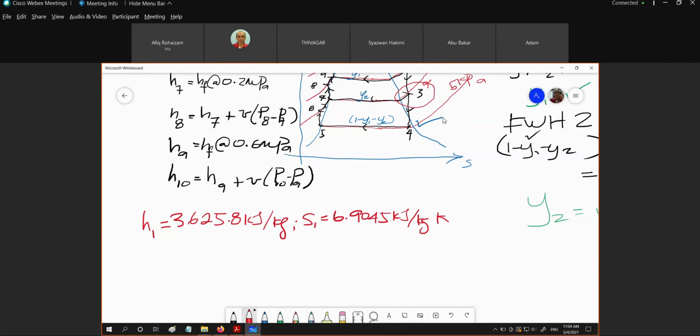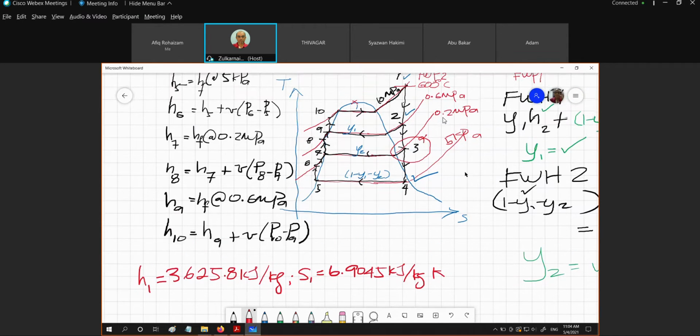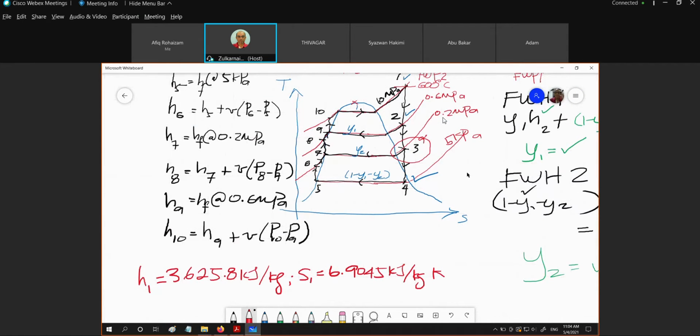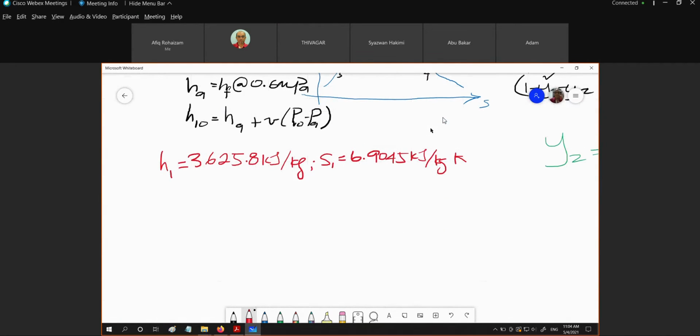For state 2, the pressure is 0.6 megapascal and S2 is equal to S1, so based on that we are going to get our H2. Most probably you are going to use interpolation.